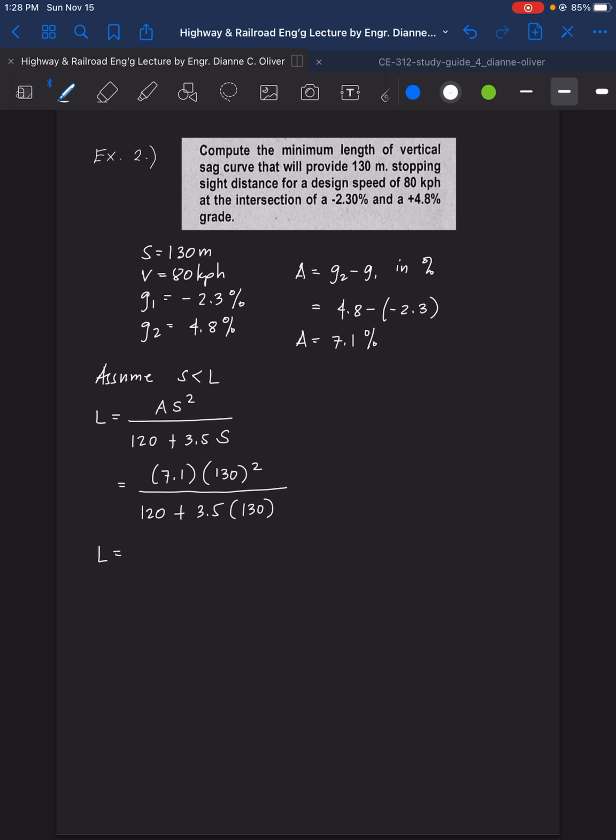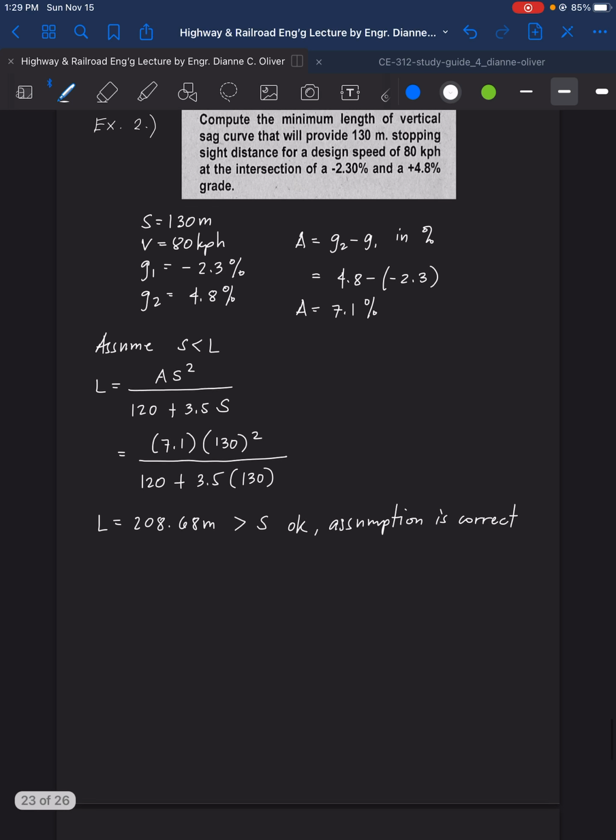So L now here is equal to 208.68 meters, which is greater than S, and this is okay, meaning the assumption is correct. Okay, because S is 130.